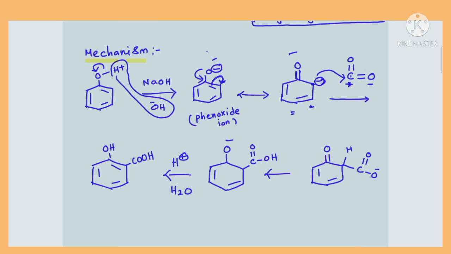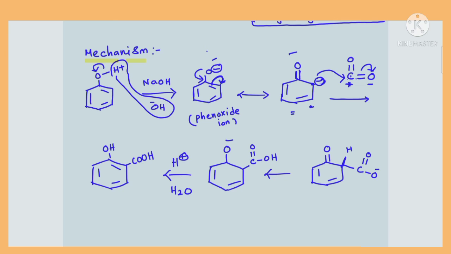In the process, this bond pair moves to oxygen, so that it becomes a single bond with O minus. So you get a new bond between the benzene ring and the carbon atom, and there is also a hydrogen on this carbon.